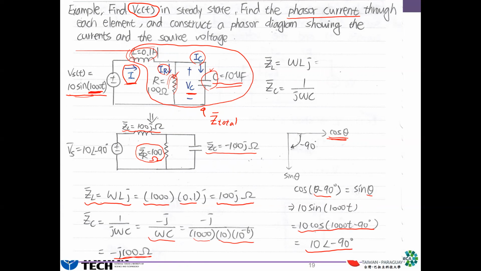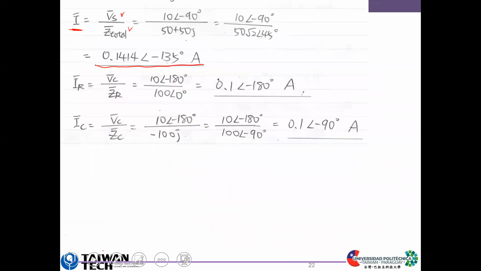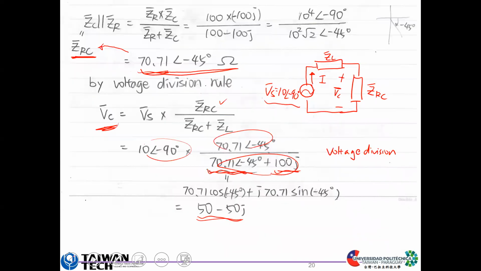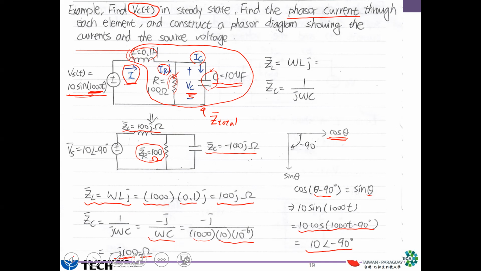So IR equals VCT divided by 100, and IC equals I minus IR, or IC equals VCT divided by ZC, because right now we just see this as an impedance.